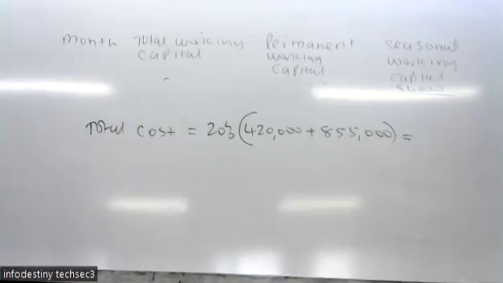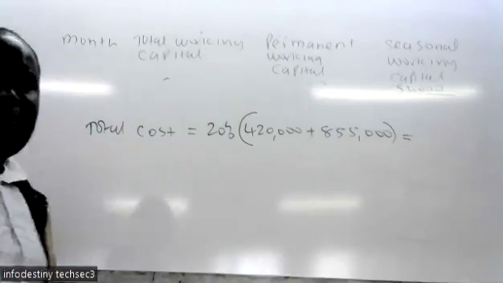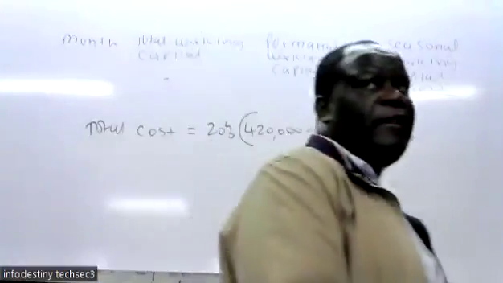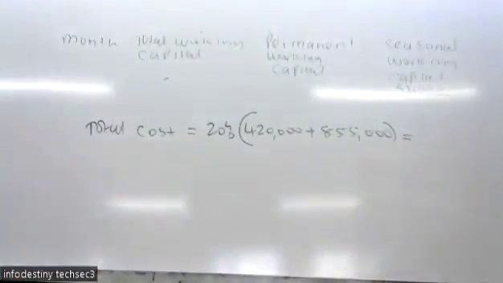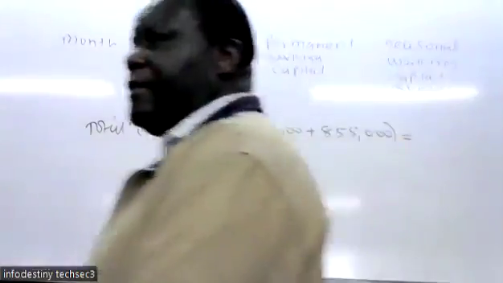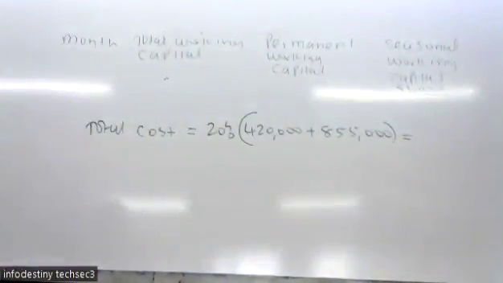So total cost is 20% of 420 plus 855, because all of them are financed using the short-term sources of finance. So that is now under aggressive. So you are getting which figure?